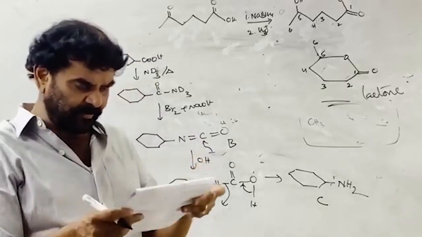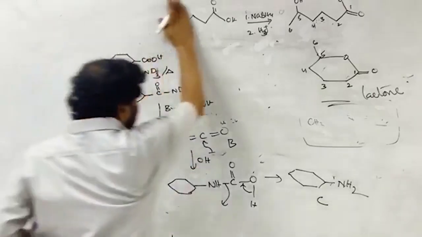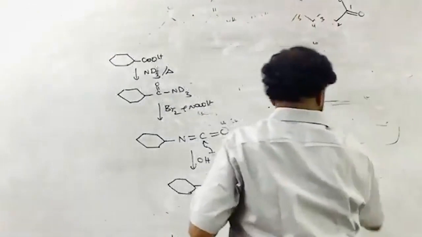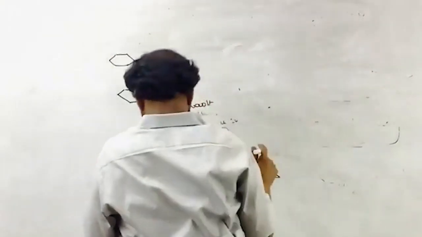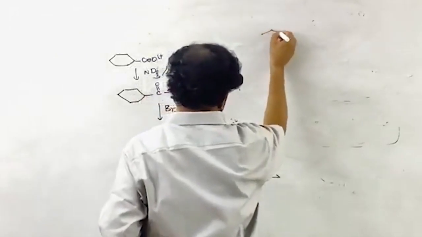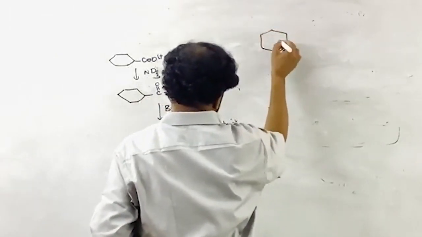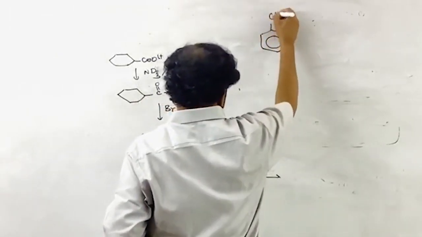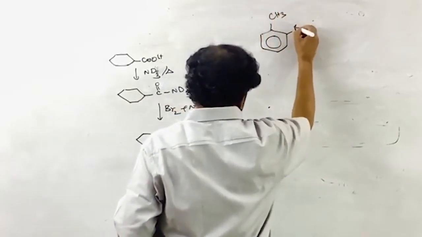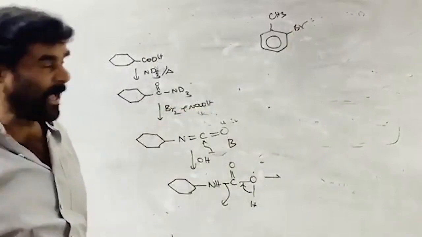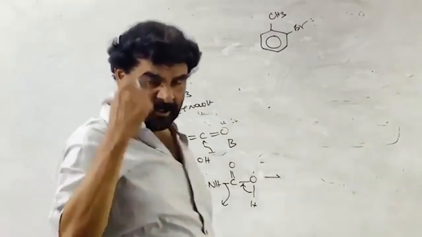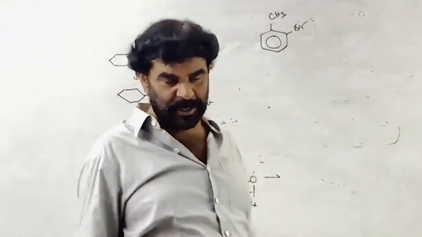The next, 45th, is an elimination reaction, the elimination-addition reaction of halobenzenes. This is the methyl bromobenzene. Halobenzenes with ring activating groups resist taking part in nucleophilic substitution reactions.